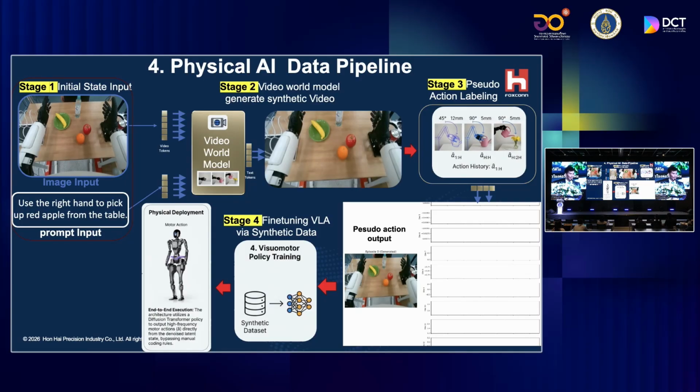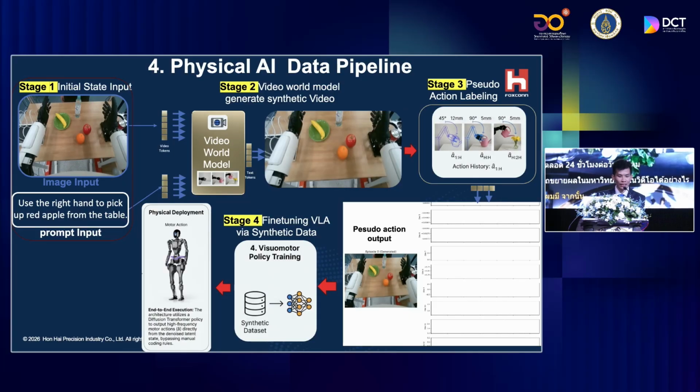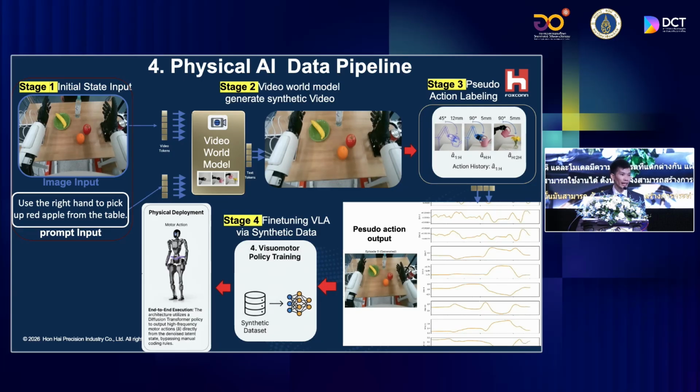This robot is a real physical AI. It needs to have actions to operate its motors, right? Each robot has a lot of motors with values to operate. So I can generate the action. From this video, it can generate the action for a robot to operate, right? And then from that, I have this video and its action, and I can train back to my embodied robot. This is one example of physical AI.